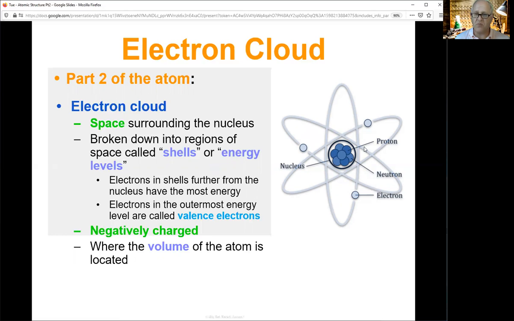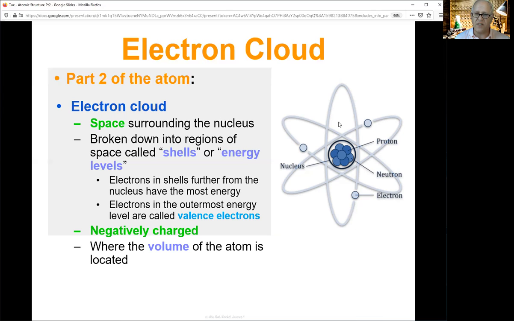So imagine for a moment if we're looking at this and superimpose some circles on here, that each electron that's further away from the nucleus has less energy.